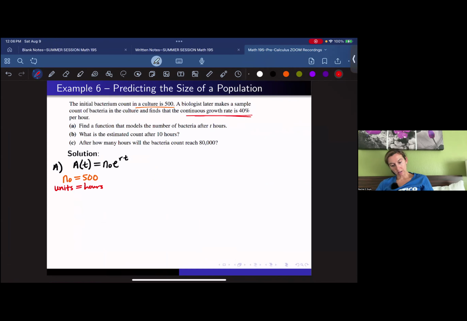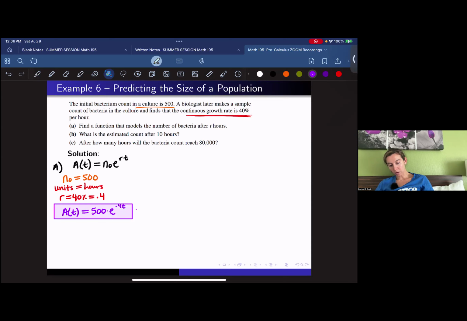And our growth rate is 40%, but we need to put it as a decimal. So this is 0.4. And so now we want to find a function that models this. So we're essentially looking at A of t is equal to 500 times e to the 0.4t.